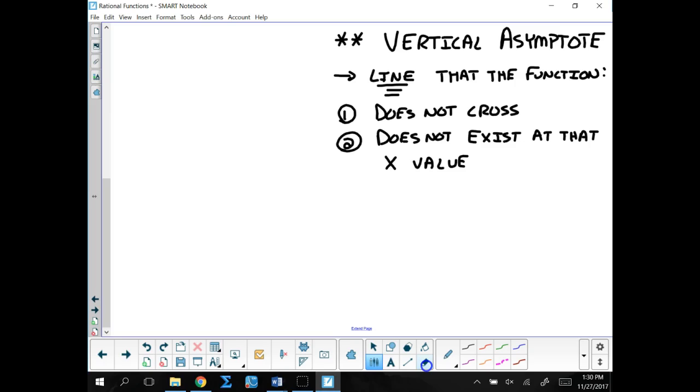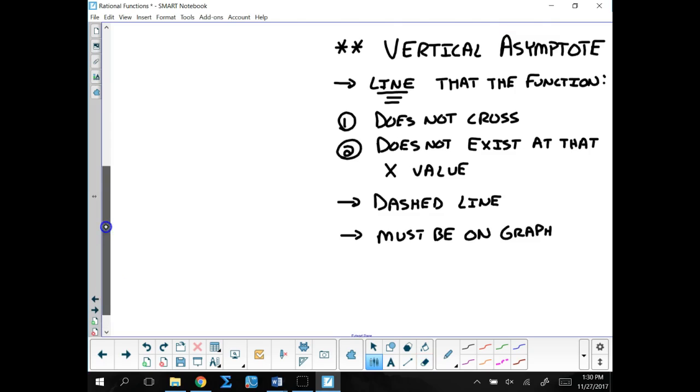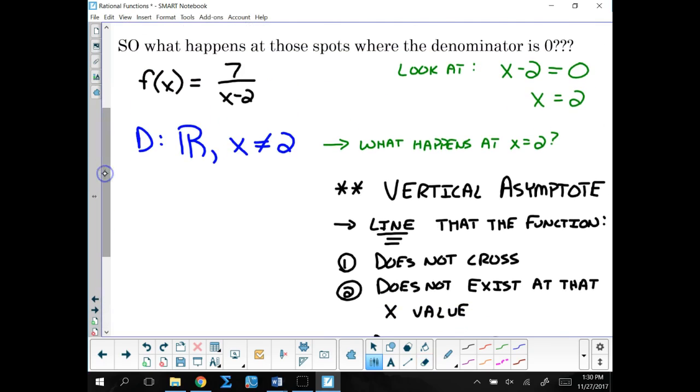Okay? We said that it is a dashed line. It's got to be on the graph. So up here, let's go back to this one.